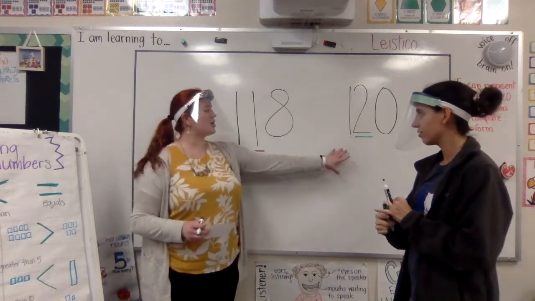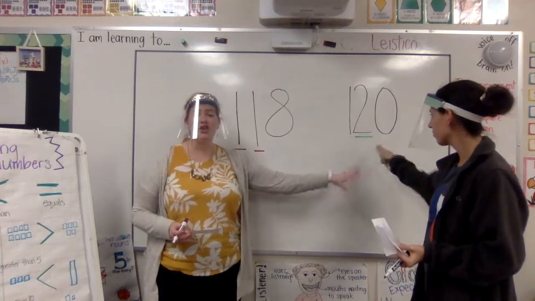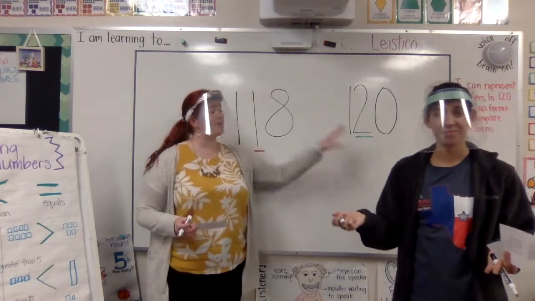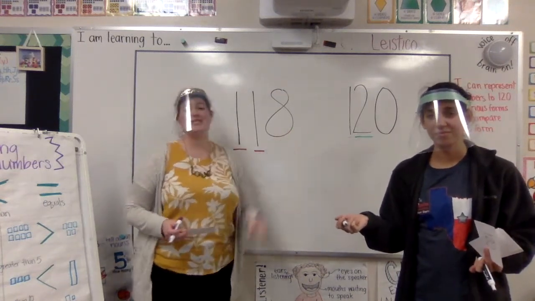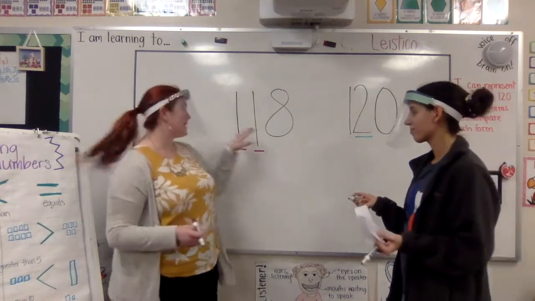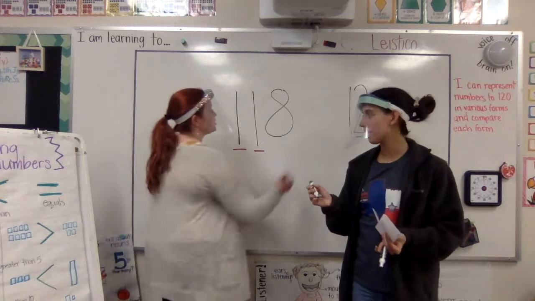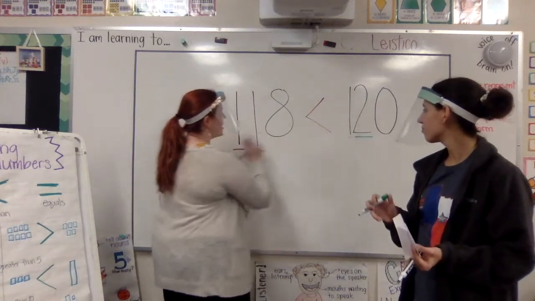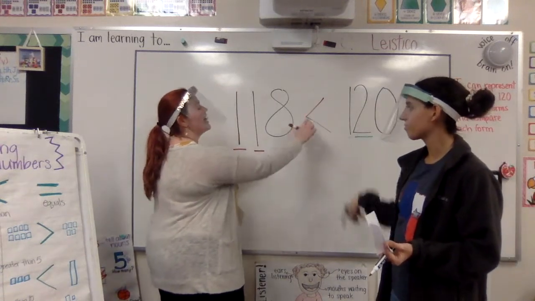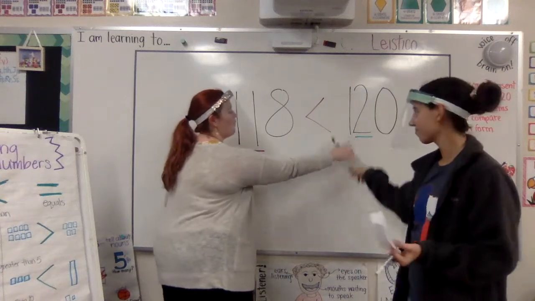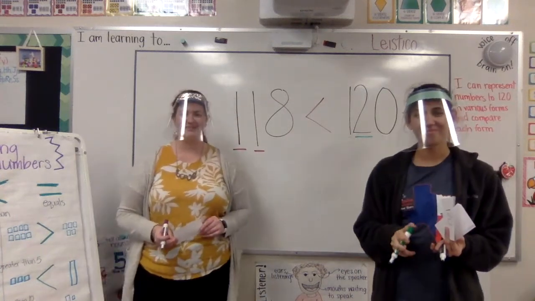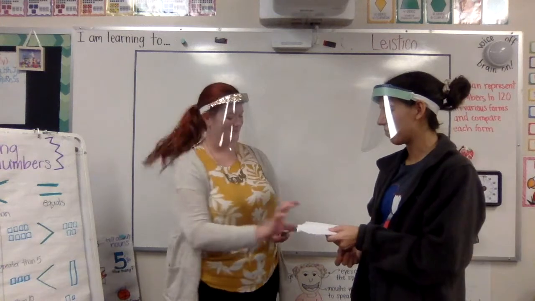So Miss Lestico's number has a greater value than my number, which means her number is greater. So I'm going to use the less than symbol because my number is less than, and it comes first. So we're going to say 118 is less than 120.